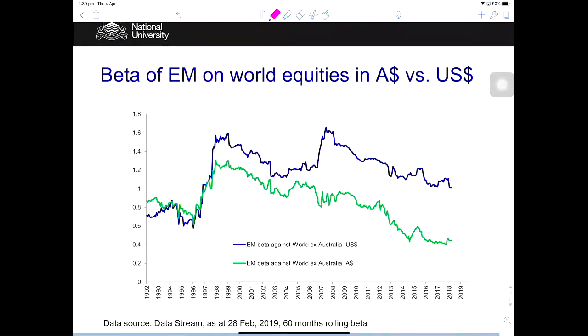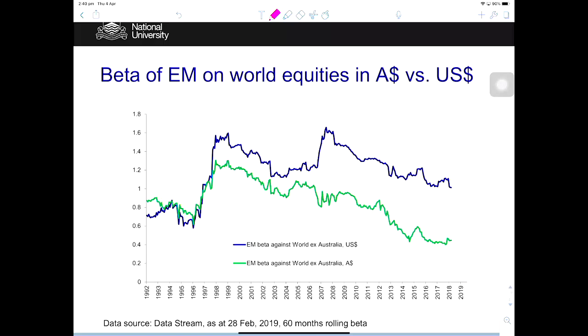To further confuse you, I did this analysis from the perspective of an Australian investor and a US investor to highlight that things might be quite different from the perspective of an Australian investor because of the foreign trade tie with the emerging markets, and especially the role played by AUD here.